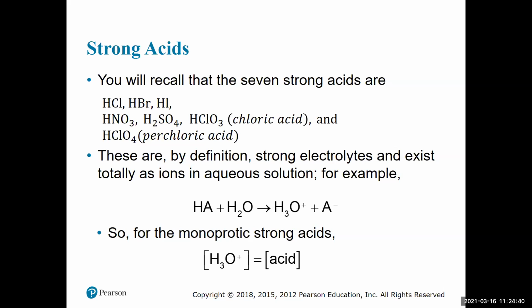So our hydrogen ion concentration is as big as it can be, because all of the HA has dissociated into the proton, H3O plus, and the anion, the A minus in this case we're calling it. So what that tells us though, is that for these strong acids, whatever the concentration of the acid that we made up, so like we weighed something out, for instance, while making up a solution, the hydrogen ion concentration is going to be the same concentration as what that was, because it fully dissociated.